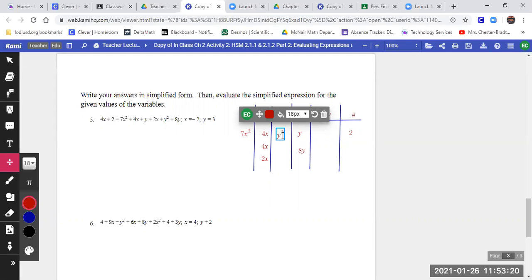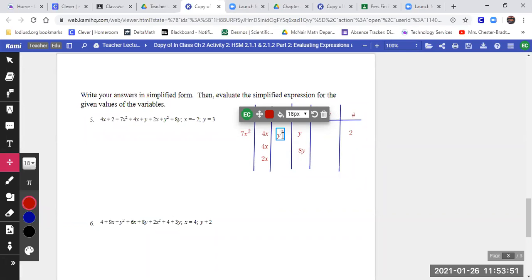So if 2 means there's 2 of them, and I wouldn't write it if there's 0 of them, how many are there if I just see a y by itself, or a y squared by itself, or an x by itself, or whatever? 1 of them. Yes, as soon as you write it, there is 1. But we don't put a 1 in front of it because that number in front means multiply. And we don't do 1 times when we multiply.